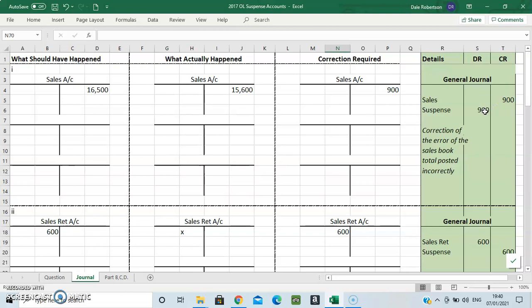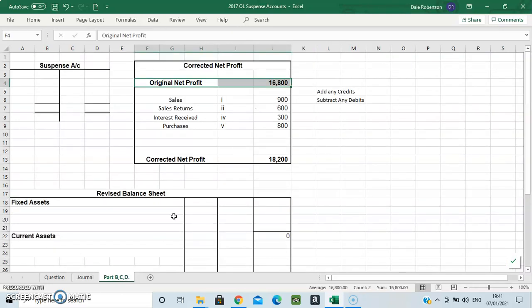Now, suspense is irrelevant to the net profit, but sales is very much relevant. So that's 900 on the credit side. So therefore, you go sales, number 1 to make sure we reference it, and it's a plus 900. We had sales returns on number 2, but it was a debit, so that's a minus 600. It's reducing our net profit.